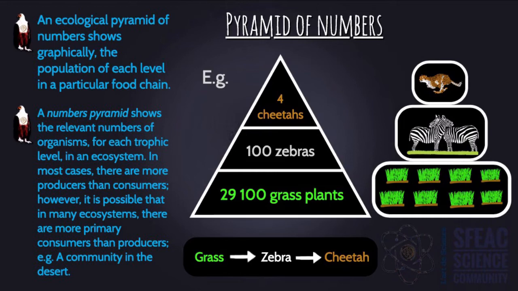Then when we look at the pyramids, we see we have 4 cheetahs, 100 zebras, and 29,100 grass plants. So each zebra is eating around 291 grass plants. For the cheetahs, it's quite different. We might have something like 25 zebras per cheetah. So we're just trying to put the same illustration.